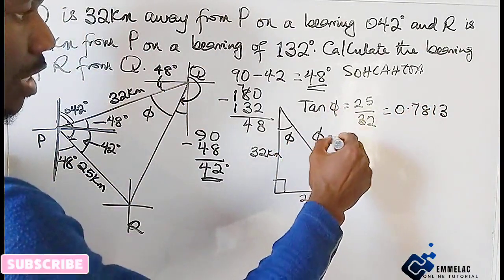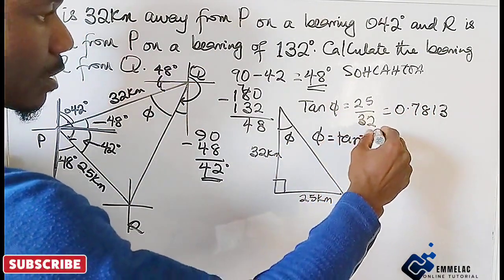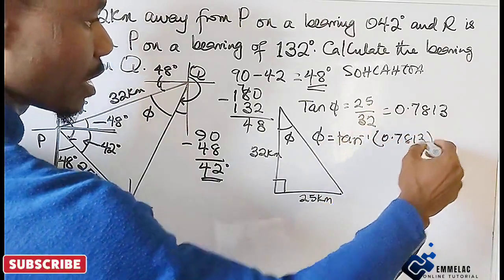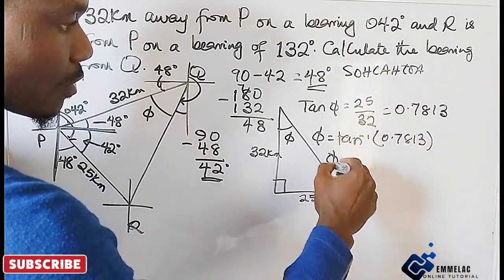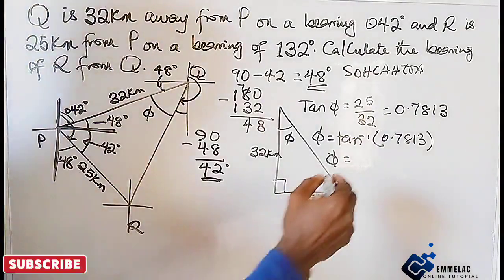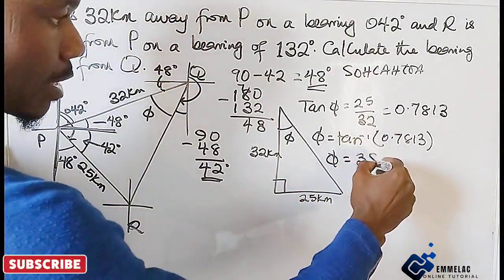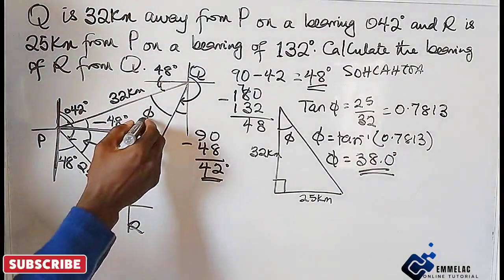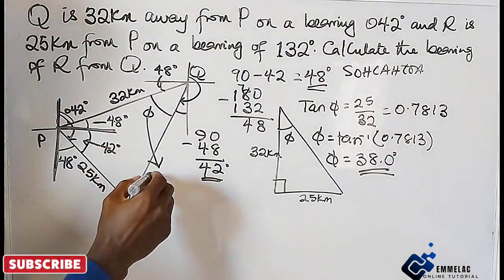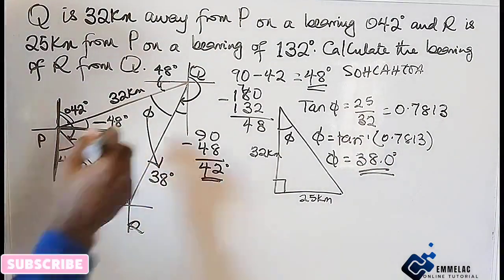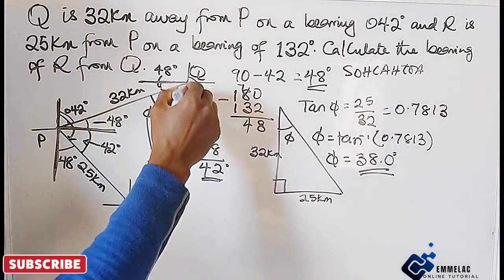So here you have the inverse of tan of 0.7813, and watching our calculator, this should give us approximately 38.0 degrees.